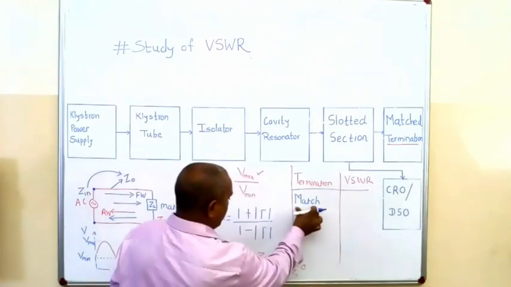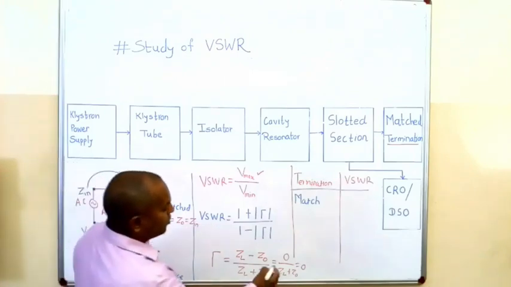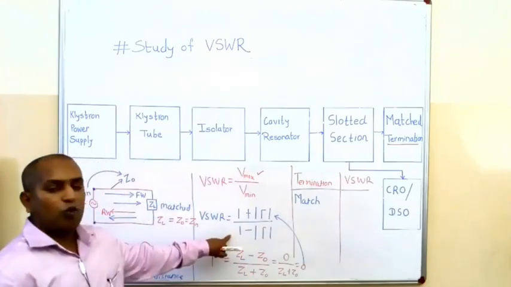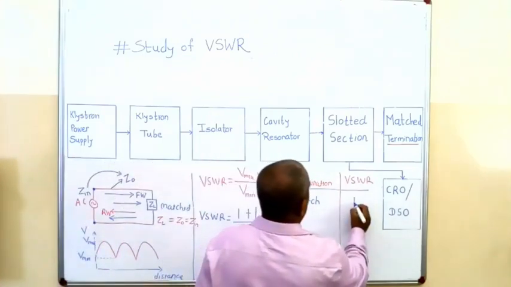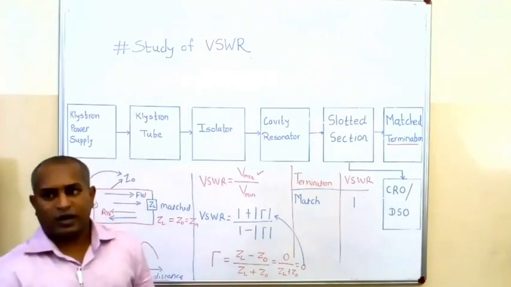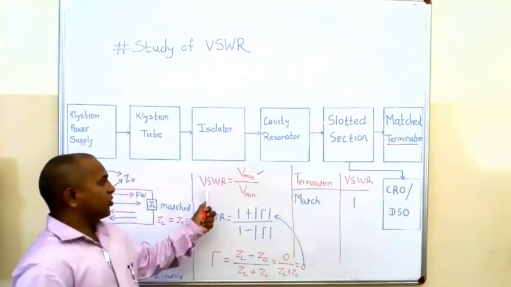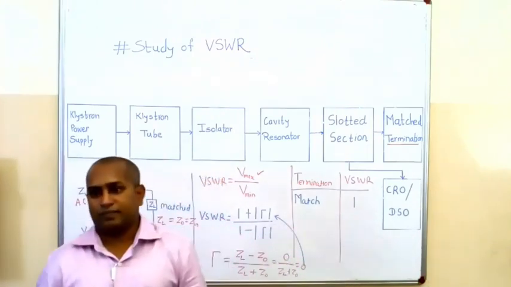So in matched termination, what would be my VSWR? If I put the reflection coefficient equal to 0 in this formula, we will get VSWR equal to 1. So ideally the voltage standing wave ratio for a match condition is equal to 1.